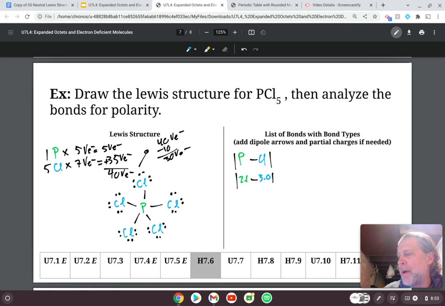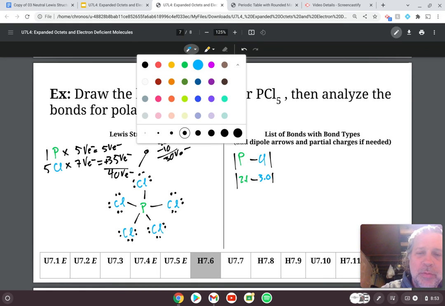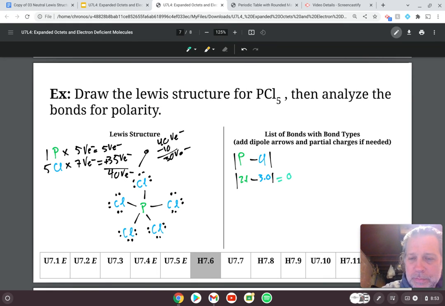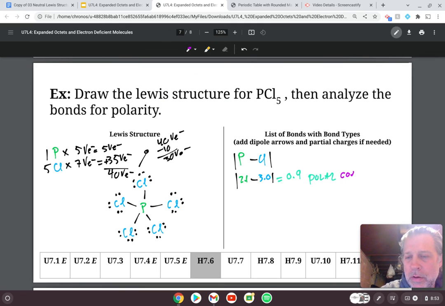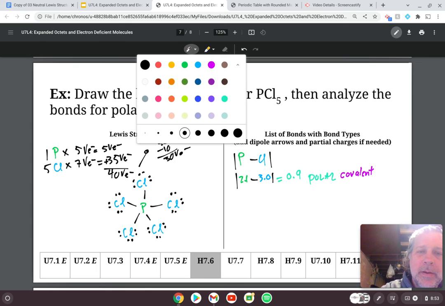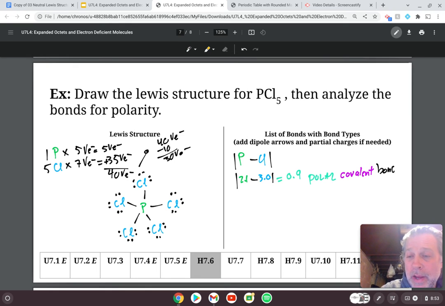So 2.1 minus 3.0 is 0.9. So that tells me that it's going to be a polar covalent bond, which means that I got to draw arrows.